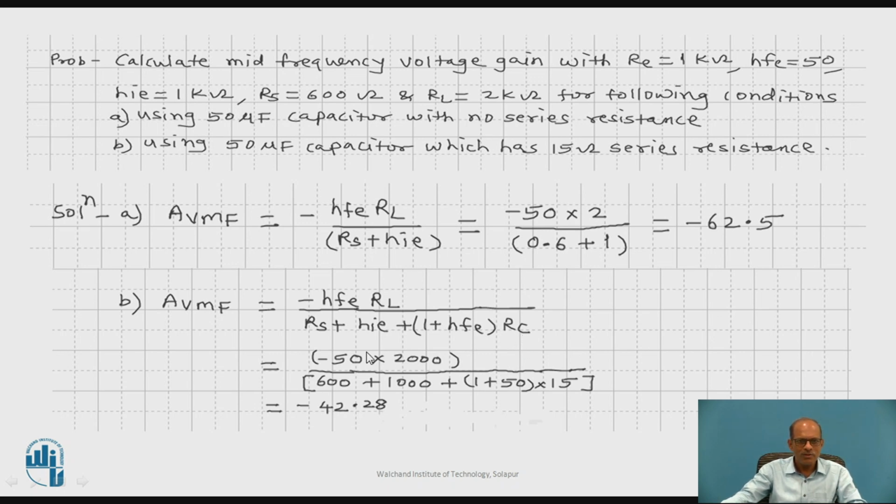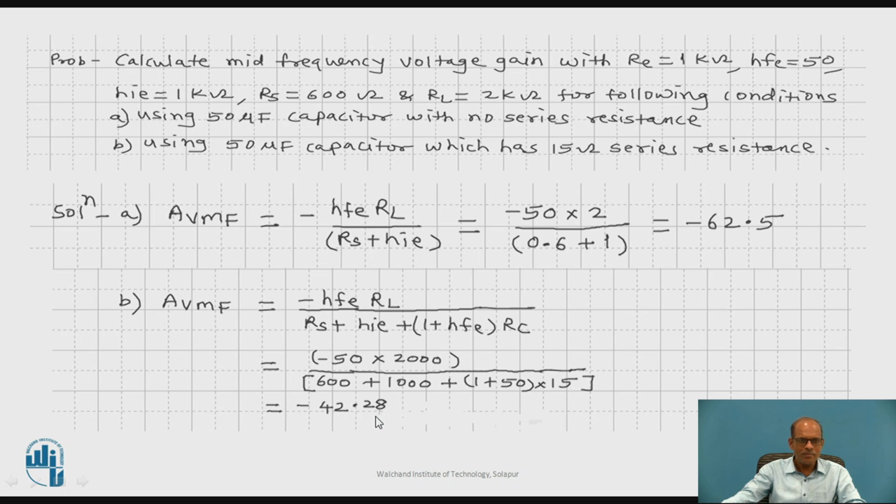Now substitute the values. This is equal to minus 50, RL is 2K, so 2000 ohm, divided by RS plus hie plus 1 plus hfe into RC, that is 15 ohm. And if you solve this, this comes to be minus 42.28.